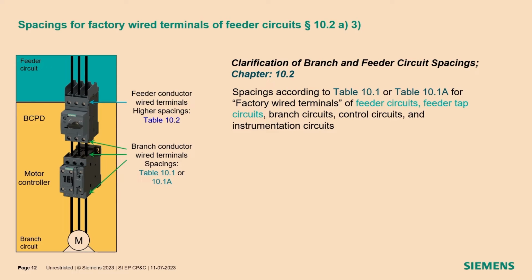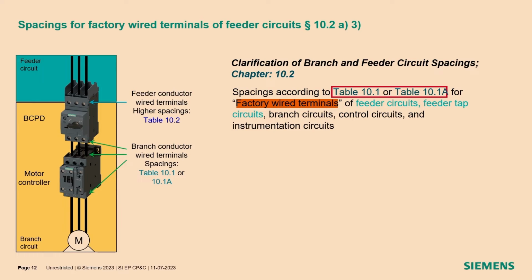And then you see here the wording that spacings according to table 10.1 or 10.1A, this is the smaller spacings, are now for factory wiring terminals. So now we see if the branch circuit protection device is terminated in the factory of the industrial control panel, then we need only the spacings of table 10.1.